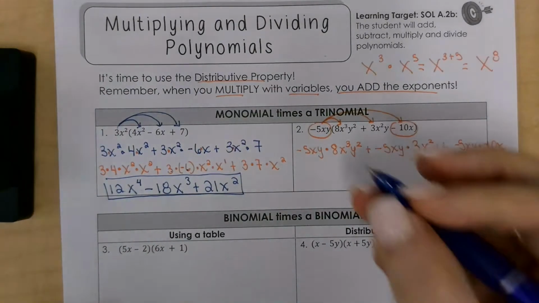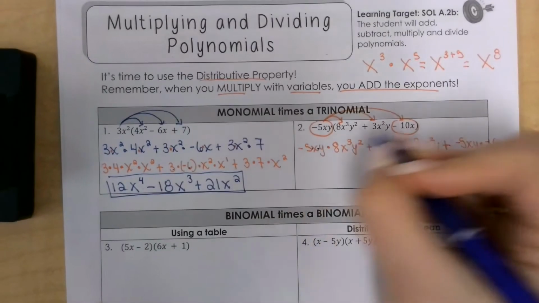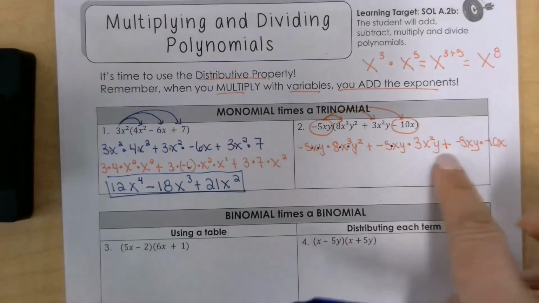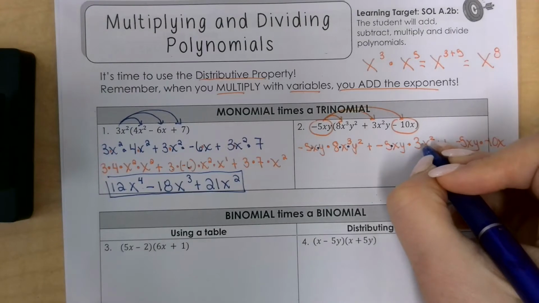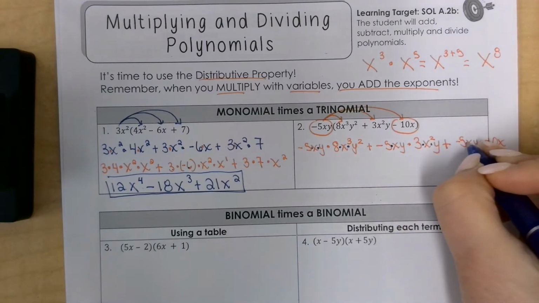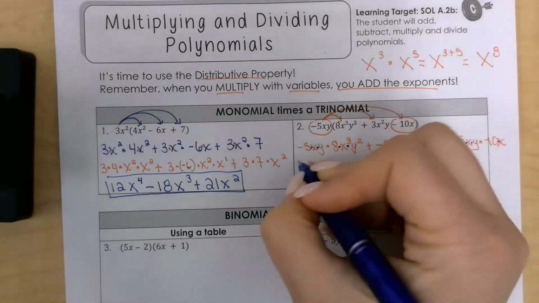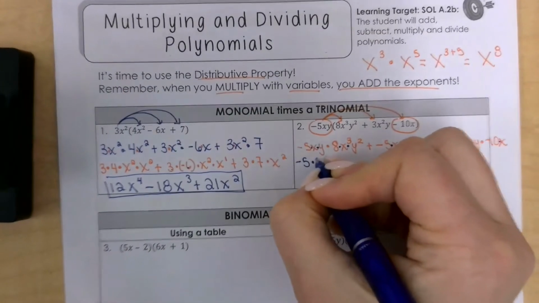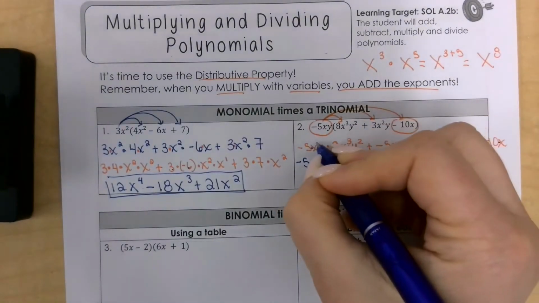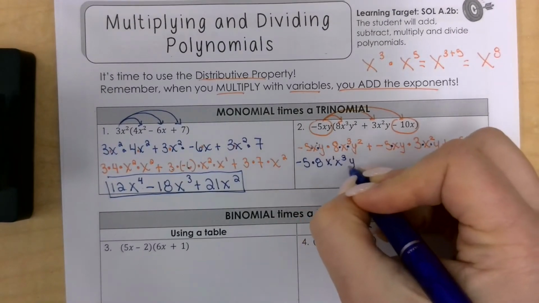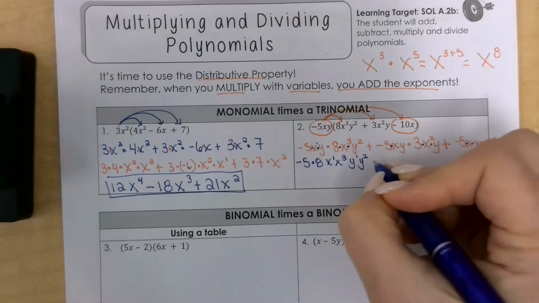Let's rewrite, because remember, this is commutative, right? We've got lots of multiplication going on in these little factors. So I'm going to write negative 5 times 8, and then I have x to the first, x cubed, y to the first, y squared.